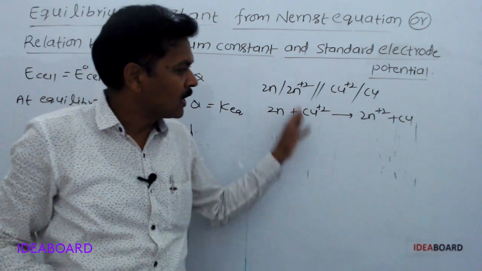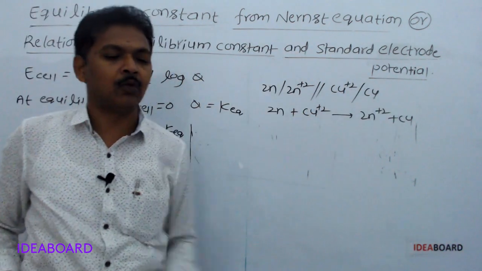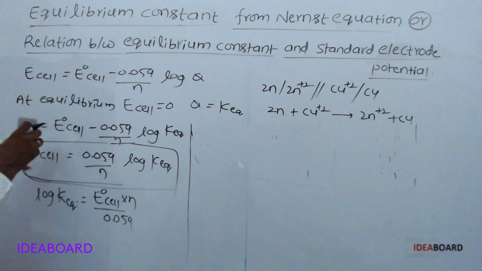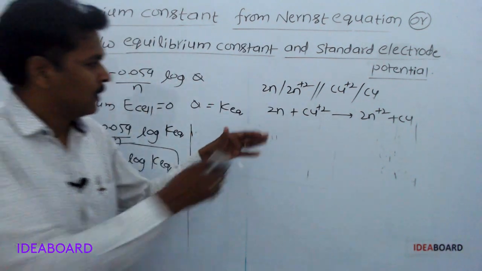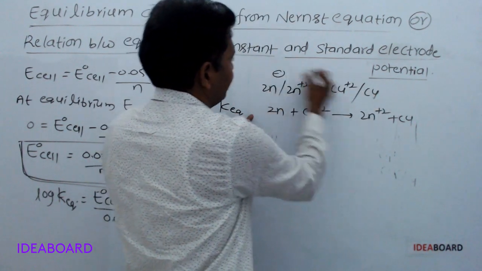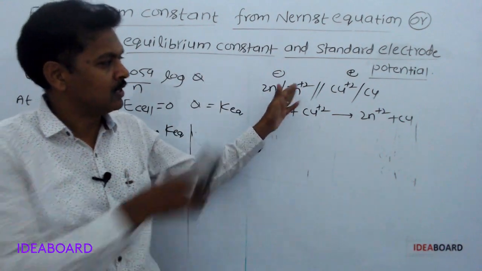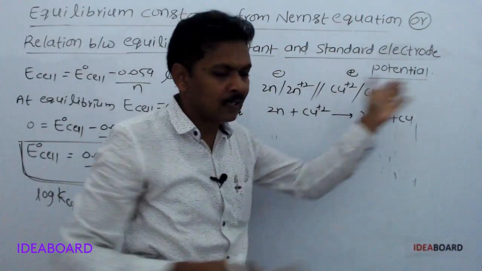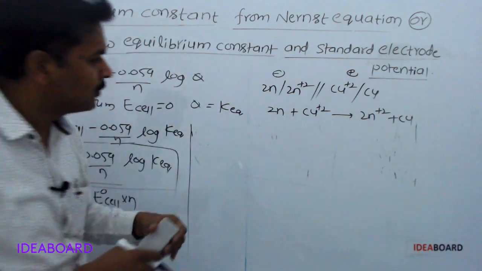Here zinc electrode and copper electrode, this E naught cell is nothing but E naught cathode minus E naught anode. Here this is cathode, this is anode. See, left hand side oxidation, anode, right hand side this is cathode.